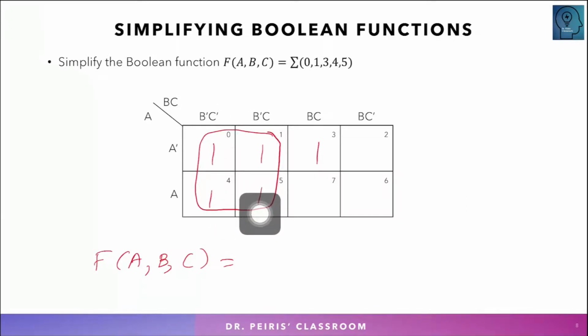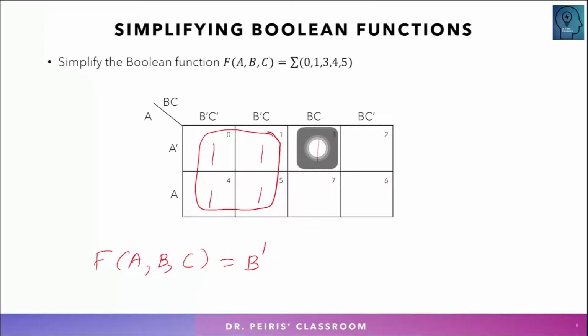It's b prime here, and this is also b prime, so that is definitely going to be there. Now how about the c? This is c prime, this is c, so they are different, which means we don't take that. So the only term is b prime. As I said before, if you combine four ones, you end up with a single variable.